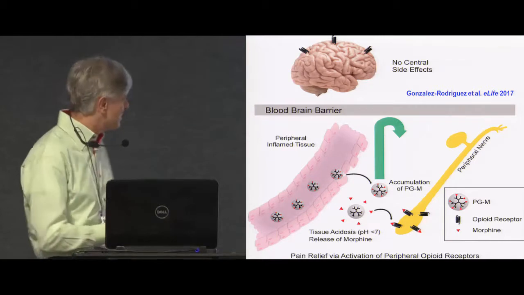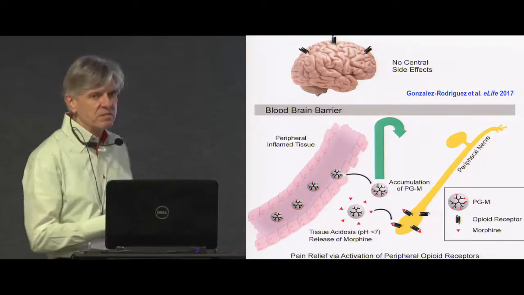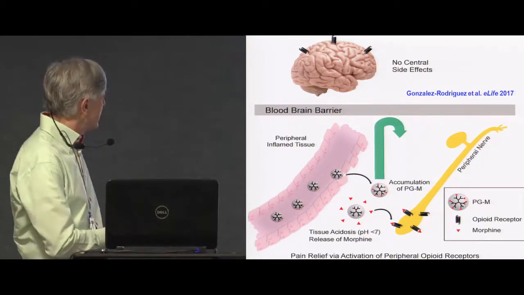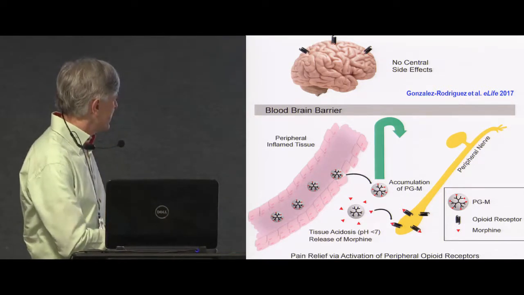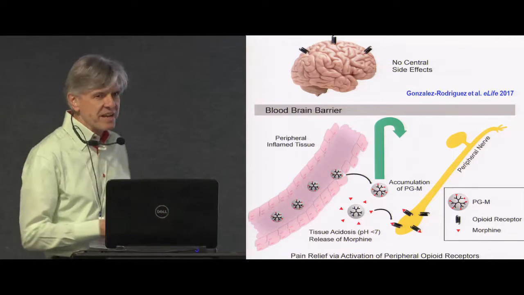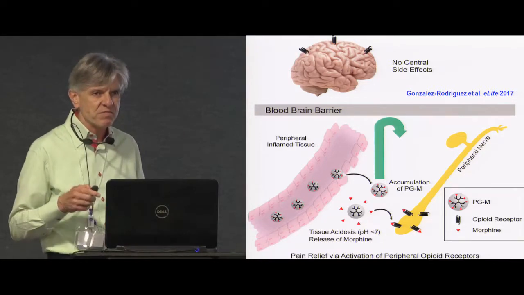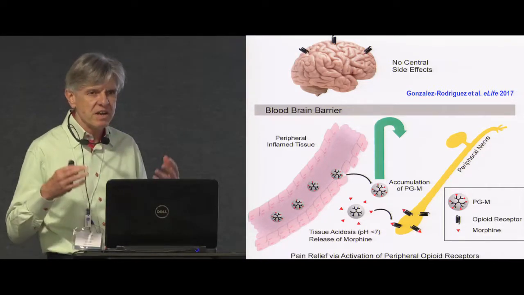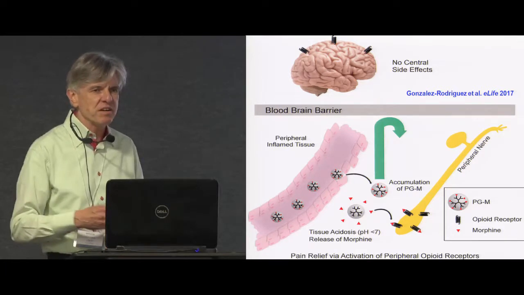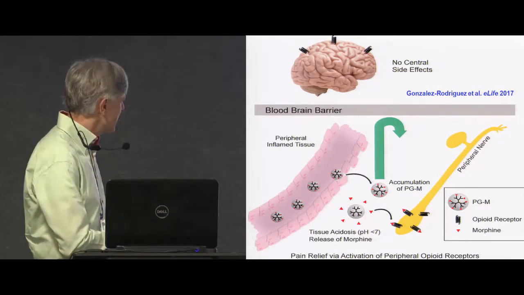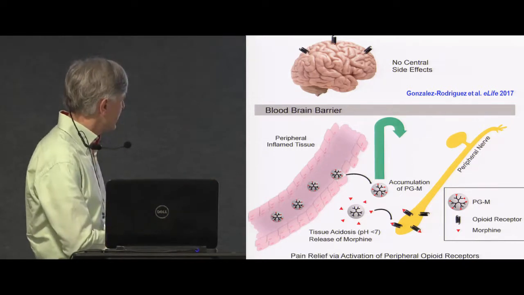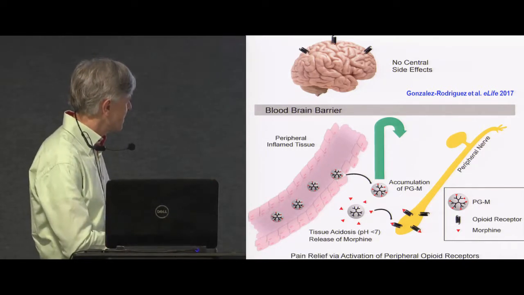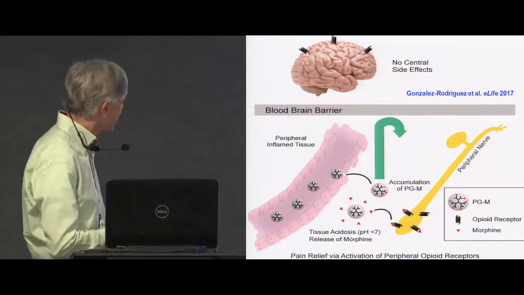And the idea is, as we have heard before from Michaela Kress, if you inject this compound intravenously, we know that there is extravasation in peripheral inflamed tissue because there is neurogenic inflammation, there is vascular leakage. So this is a very big molecule. It will extravasate in the peripheral tissue, that's the theory.